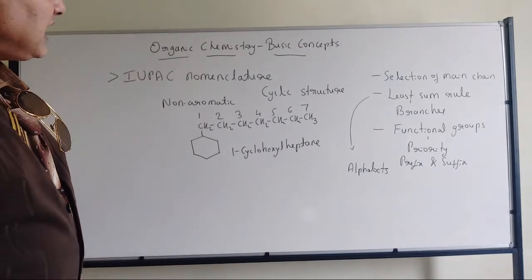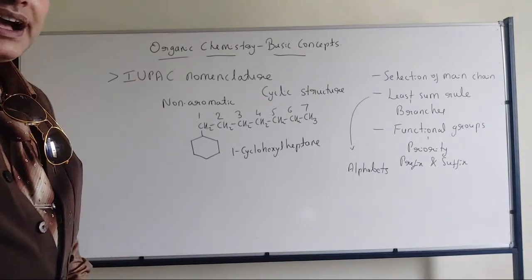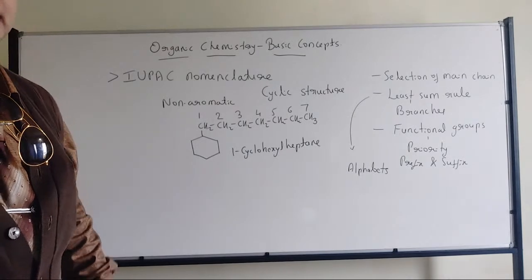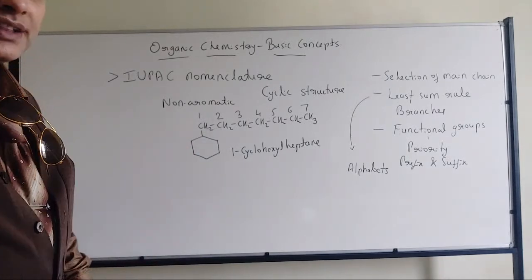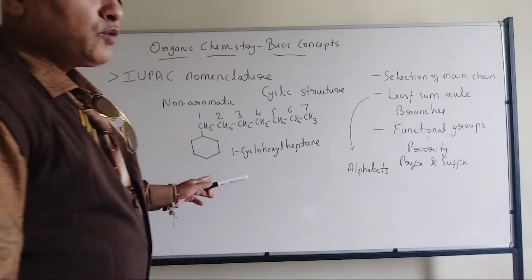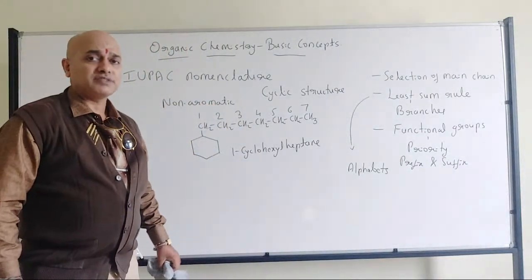Another name you can use is 1-heptylcyclohexane. People will call it 1-heptylcyclohexane. But 1-cyclohexylheptane will be the correct one, though that doesn't mean 1-heptylcyclohexane is wrong. Some people will use that one also.